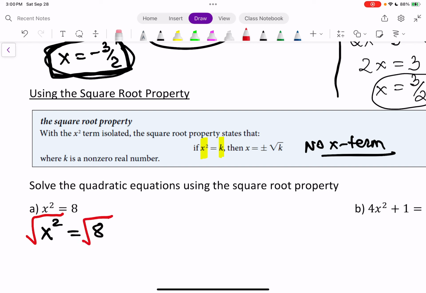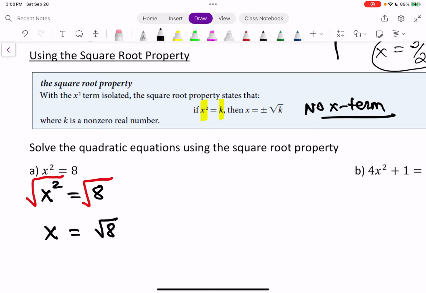Many students will do that, and yet you will get not necessarily the wrong answer, but only half the answers. The reason for it is because this is a quadratic equation, so you have to get two answers, yes? Now, those two answers are positive square root of 8 and negative square root of 8.